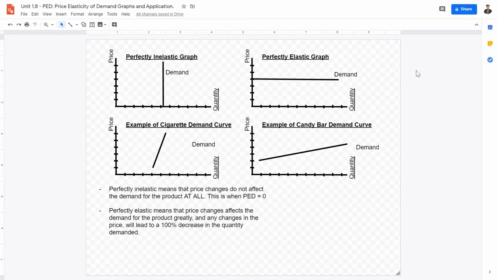So when price changes, let's say from 4 to 5, then the demand curve is no longer there. When the demand curve is no longer there, that means there is 0 quantity demanded for the good at that price.